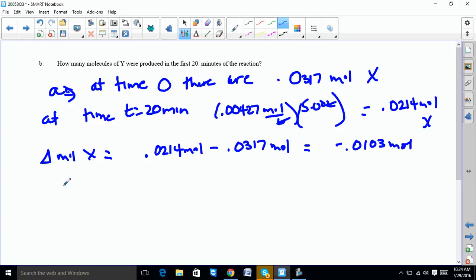Now, what makes this problem, I think, tough, although hopefully you're getting good at it, because there's a lot of number sense. There is a 1 to 2 mole ratio, so Y is appearing twice as fast as X is disappearing.